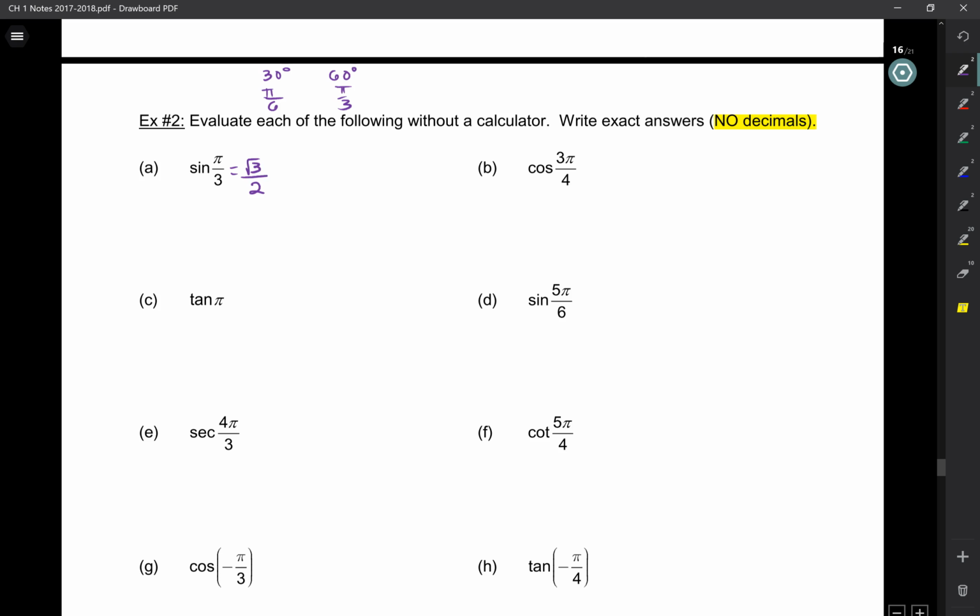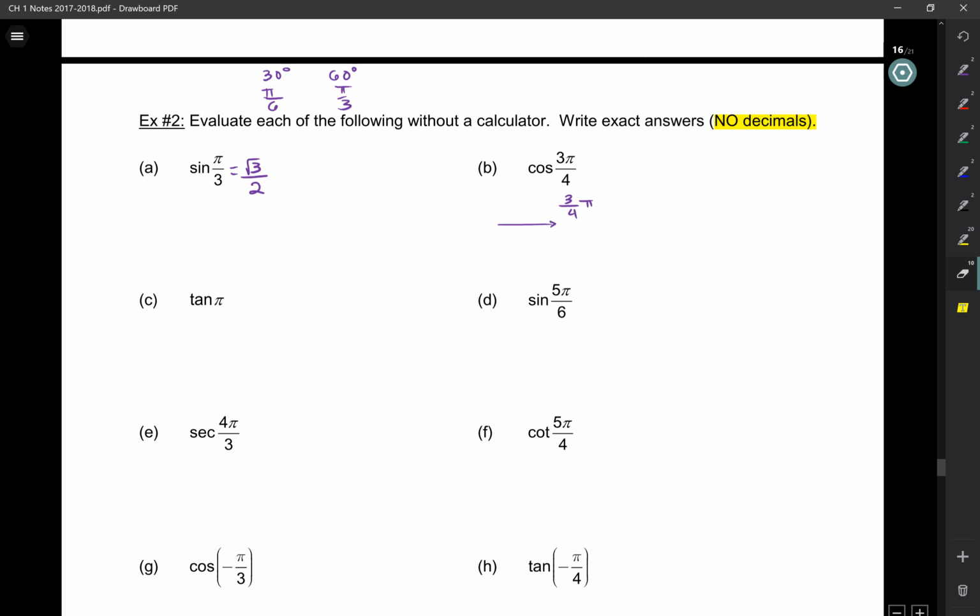Okay? Now, next, cosine of 3 pi over 4. Let's just see what quadrant that belongs in. 3 pi over 4 is 3/4 of a pi. So if it's pi all the way here, how much is 3/4? Which quadrant would that fall in?